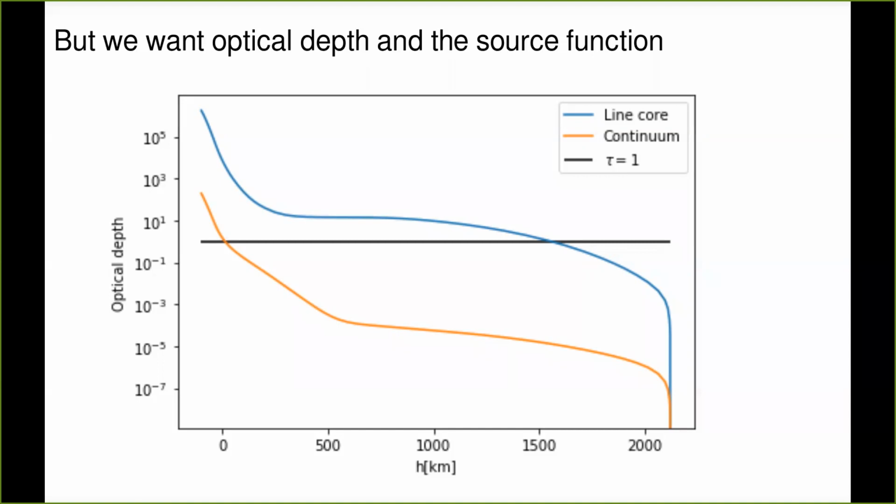We want spectral lines because tau equals 1 at 2 different wavelengths corresponds to dramatically different heights in the atmosphere of the sun. So for the orange curve, for the continuum, my log tau equals 1 is somewhere around 0 kilometers, which of course makes sense because in this model, 0 kilometers was defined as the place where optical depth in the continuum is roughly 1, which is what we basically call the photosphere.